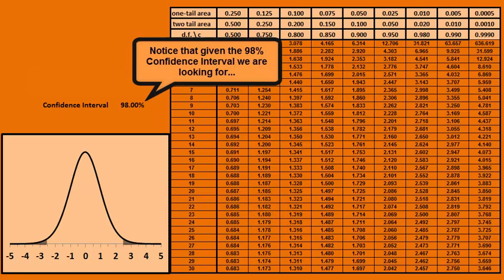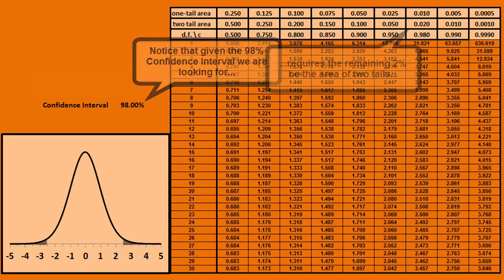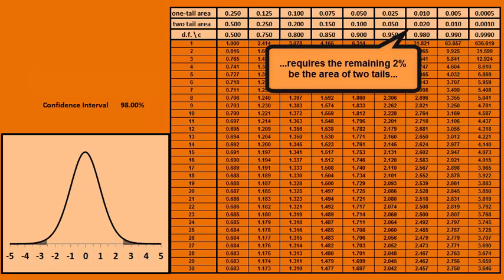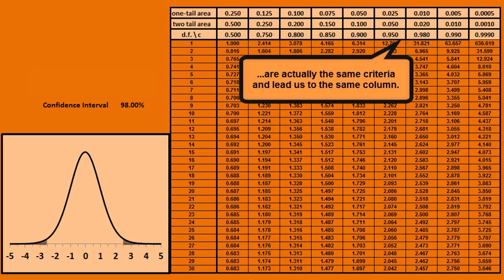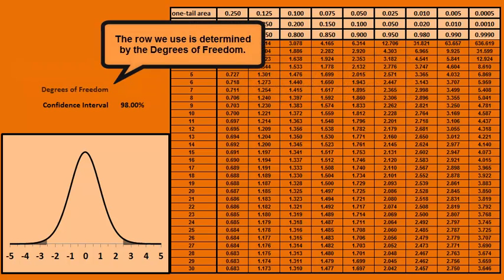Notice that these are actually the same criteria and lead us to the same column. The row we use is determined by the degrees of freedom.